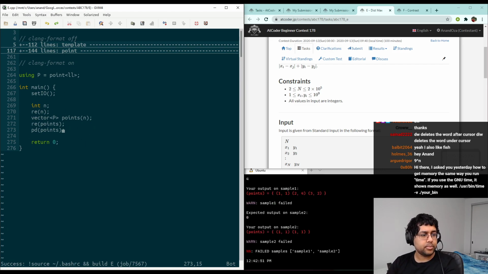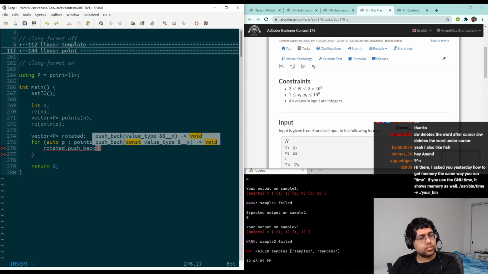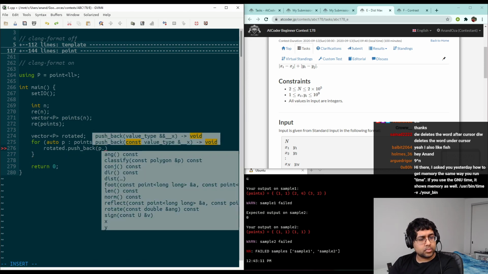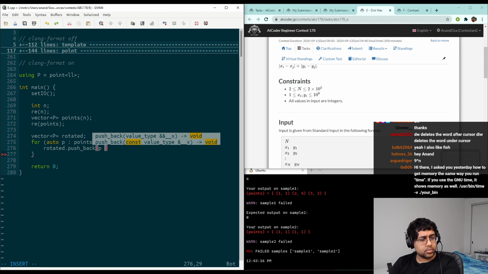Okay, cool. So what we want to do now is vector p. And then I guess we want to multiply by 1, 1 to rotate everything 45 degrees.